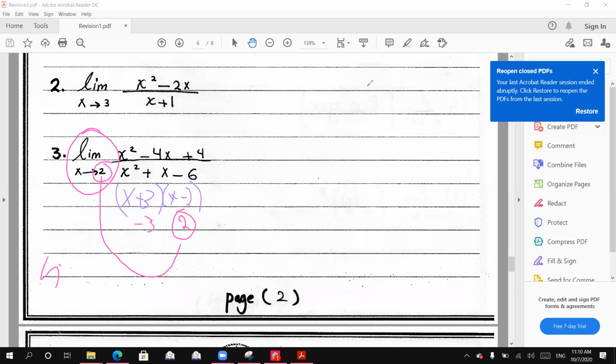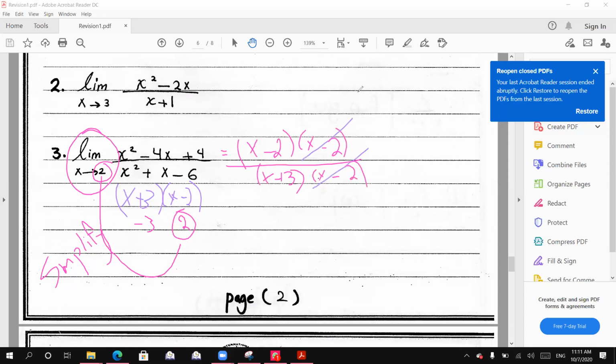I have to simplify. I will go back now and factorize. The first one is x minus 2 times x minus 2 over x plus 3 times x minus 2.